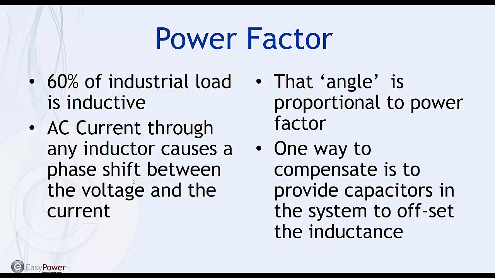So the cause of the problem is the fact that we have so many motors and industrial loads using the utilities. One way to compensate for this power factor, or this induction, is to provide capacitors in the system to offset the inductance. That's just one approach. There are others, and we will talk about those later.